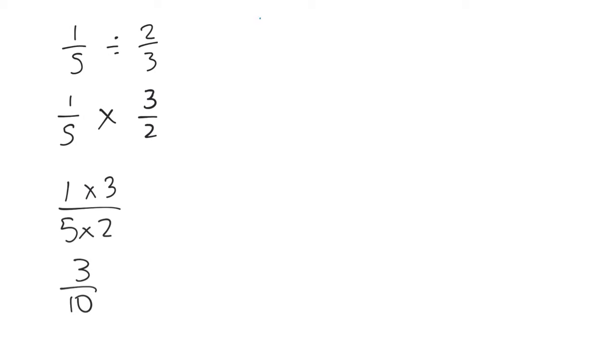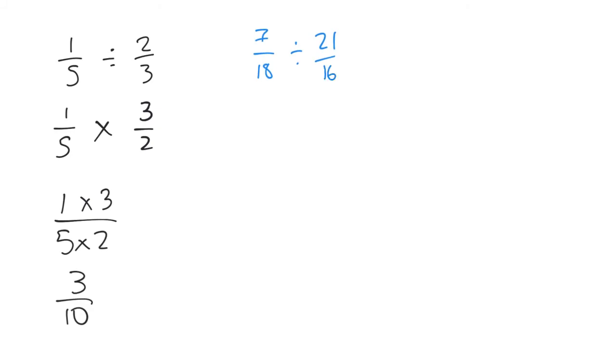The next example is 7 over 18 divided by 21 over 16. So again, the fraction we're dividing by, turn upside down and multiply, so that's going to be 7 over 18 multiplied by 16 over 21. So we look to see where we can cancel, and we can see the 7 and 21 we can cancel through by dividing by 7 to give 1 and 3.